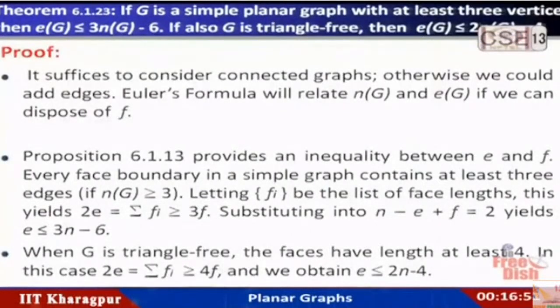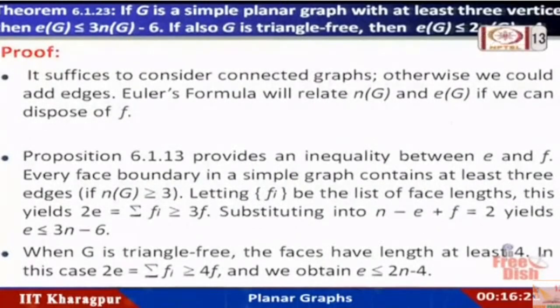If G is a simple planar graph with at least 3 vertices, then E is less than or equal to 3n minus 6. Let us prove this. It suffices to consider the connected graph, otherwise we would add edges. Euler's formula will relate n and E if we can dispose of f.